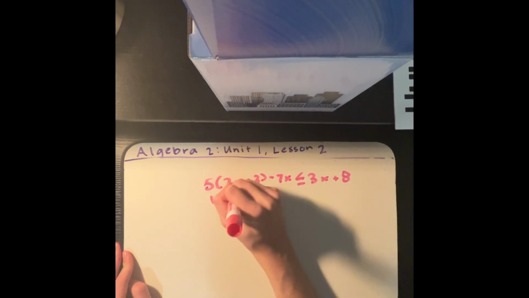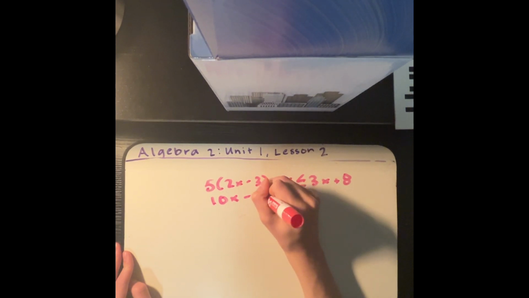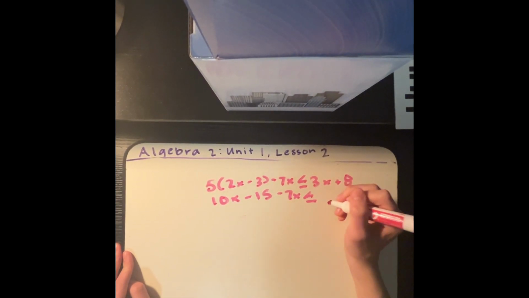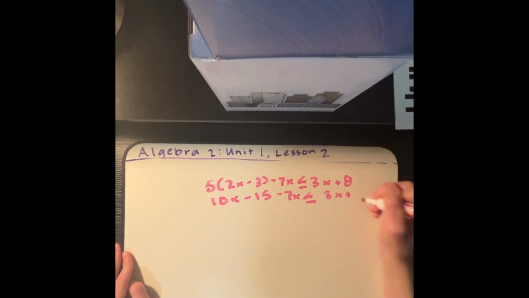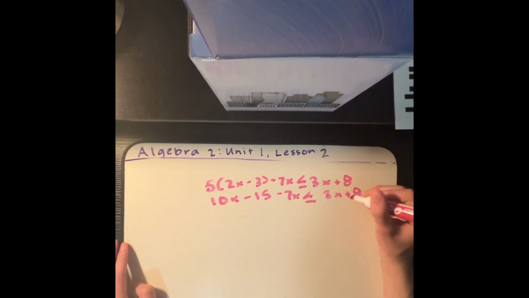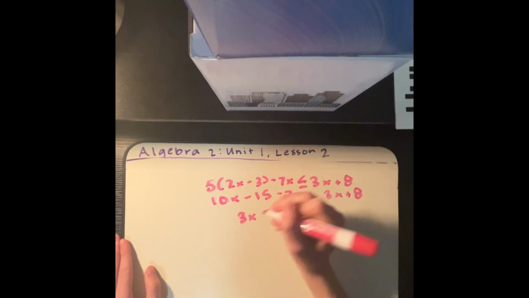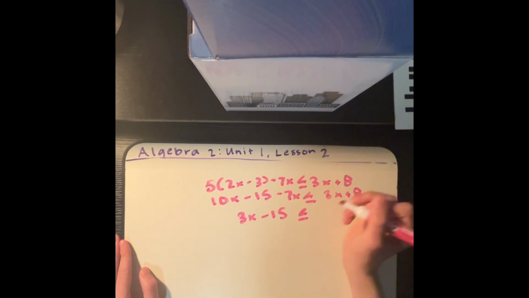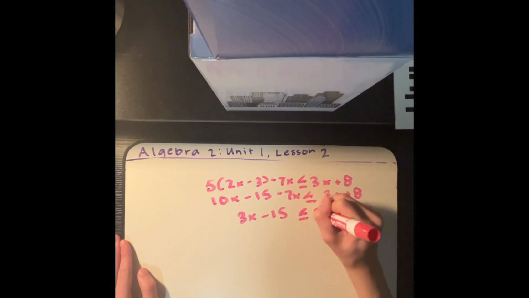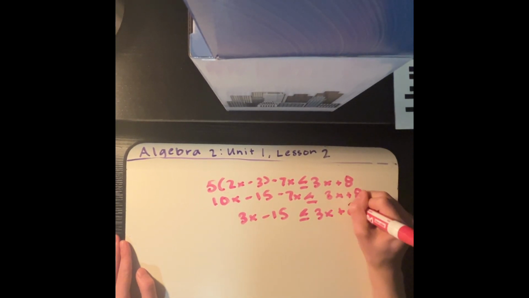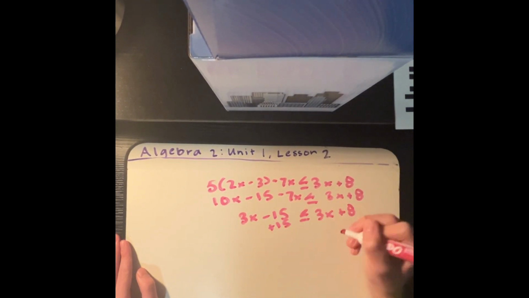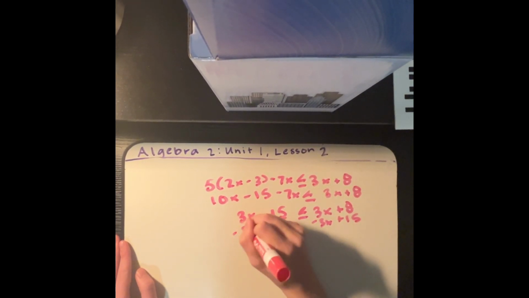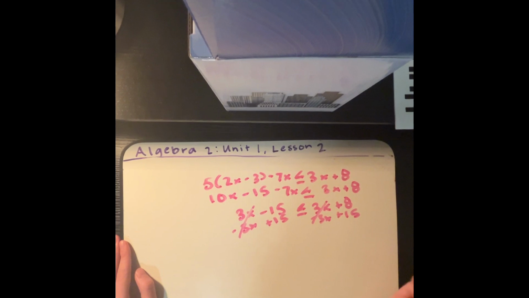We're going to get 10x minus 15 minus 7x, less than or equal to 3x plus 8. So 10x minus 7x is going to be 3x, combining like terms, minus 15 over here, less than or equal to 3x plus 8. When we add 15 to both sides and subtract 3x from both sides, this 3x cancels out over here.